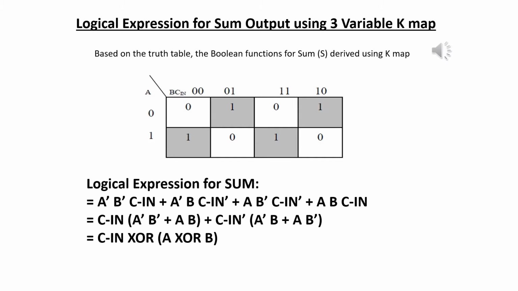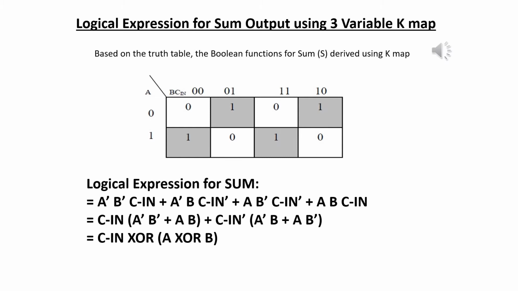You can see the three variable K-map structure in the diagram. It consists of three input quantities A, B and C in. A can have the binary values 0 and 1. B, C in can have the binary values 00, 01, 11 and 10. This three variable K-map consists of 8 cells.